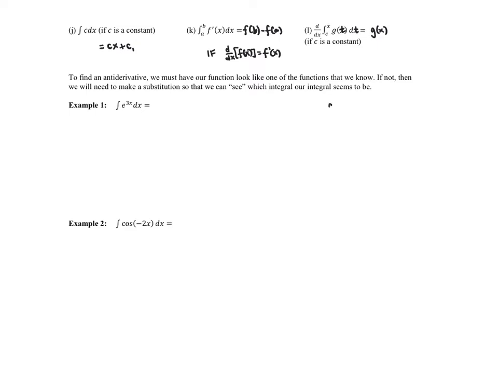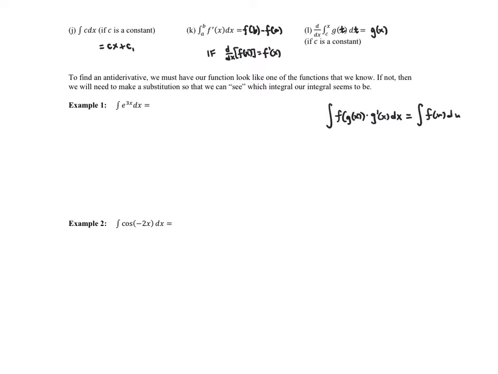So recall this: if I have the integral of f of g of x times g prime of x dx, I like to try to write that as the integral of f of u du. Now, sometimes g of x and g prime of x are perfectly matched. Other times they may not be.